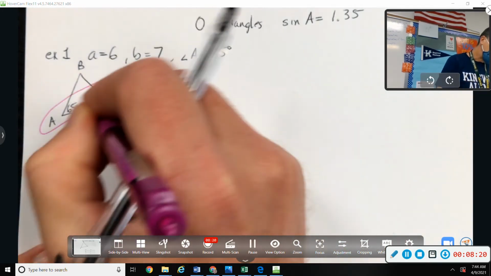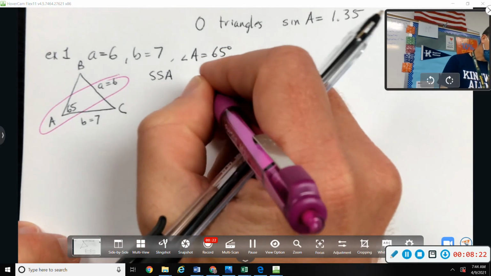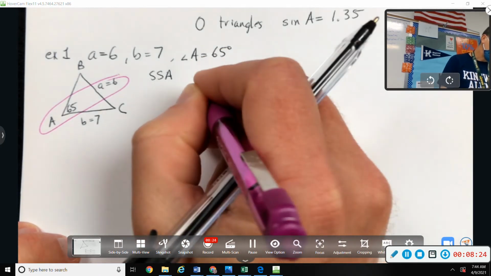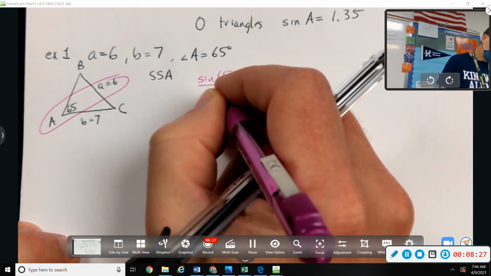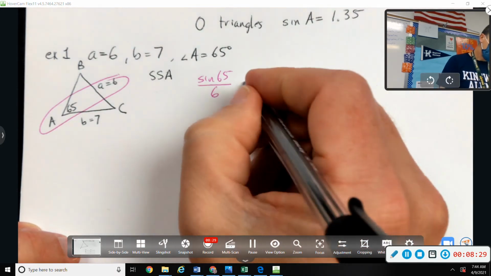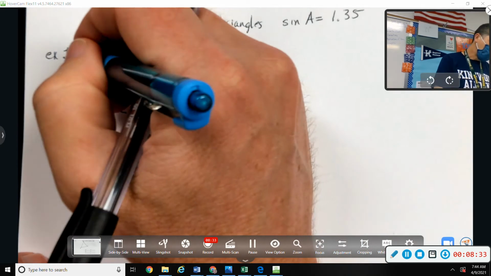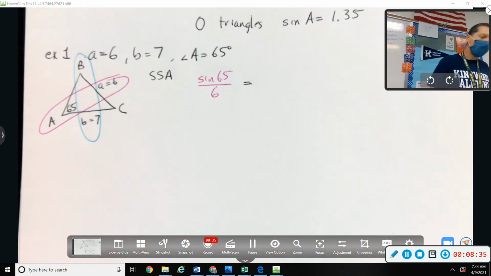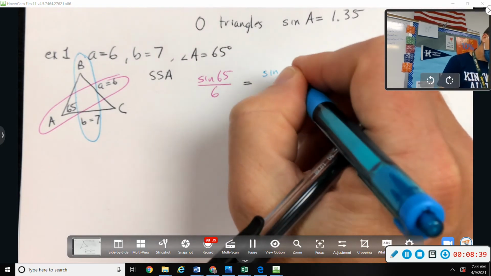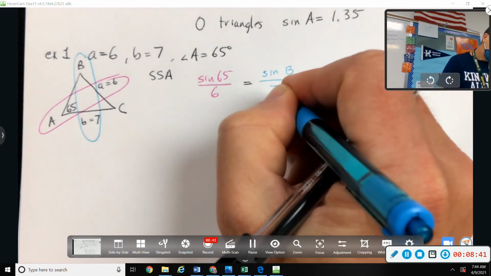Right. Anytime you've got information across from each other, you know you can use law of sines. So sine 65 over 6 equals, don't have much choice on this one, I'll have to use the B stuff. Sine of B over 7.